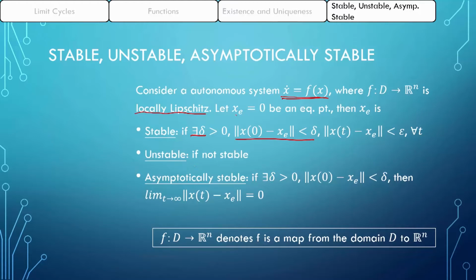Then 0 is an equilibrium point if, when the initial condition starts around this equilibrium point as close as possible, then for any time t, it will stay around the equilibrium point forever. Understand?